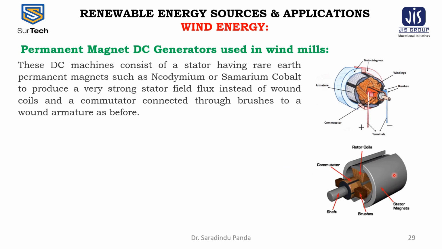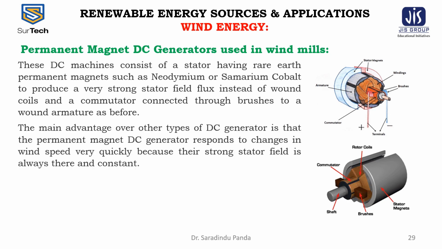This is the stator, and this is the stator shown in the figure. These stators have rare earth permanent magnets such as neodymium or samarium cobalt to produce a very strong stator field flux instead of wound coils, and a commutator connected through the brushes to a wound armature as before.